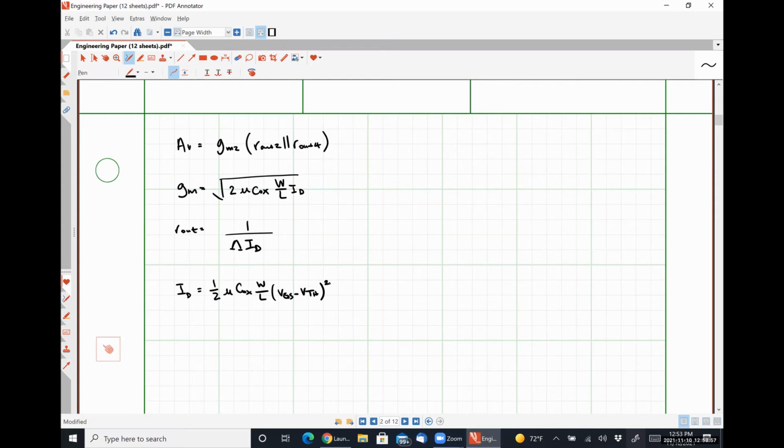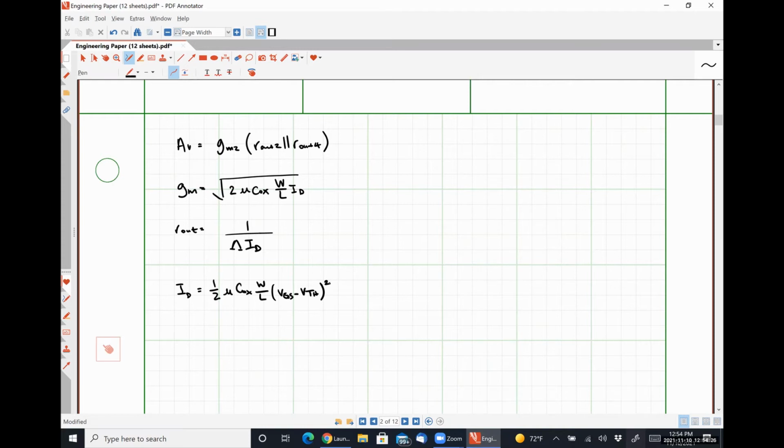So obviously, as our drain current goes up, GM goes up. But what happens to R out as our drain current goes up? Does it get bigger or smaller? Smaller, right? And since our gain also depends on the output resistance, messing with ID too much can wind up biting us in the butt.